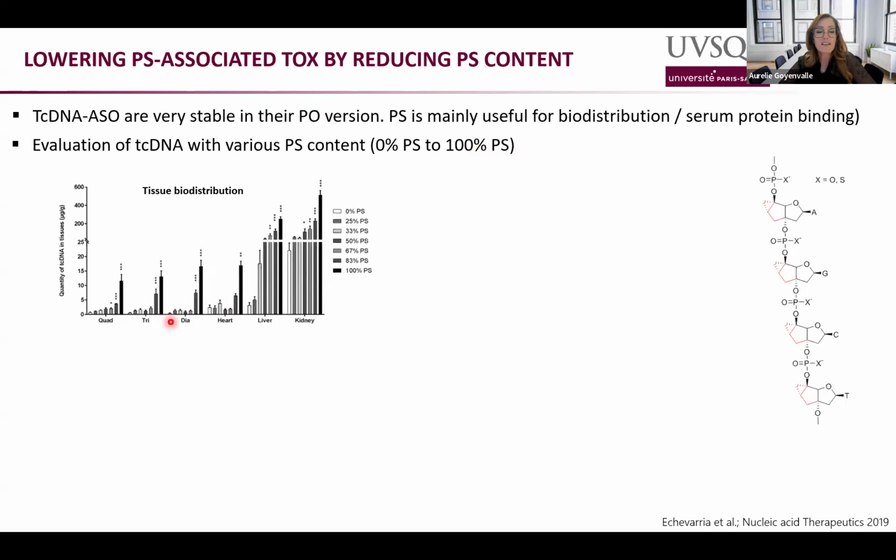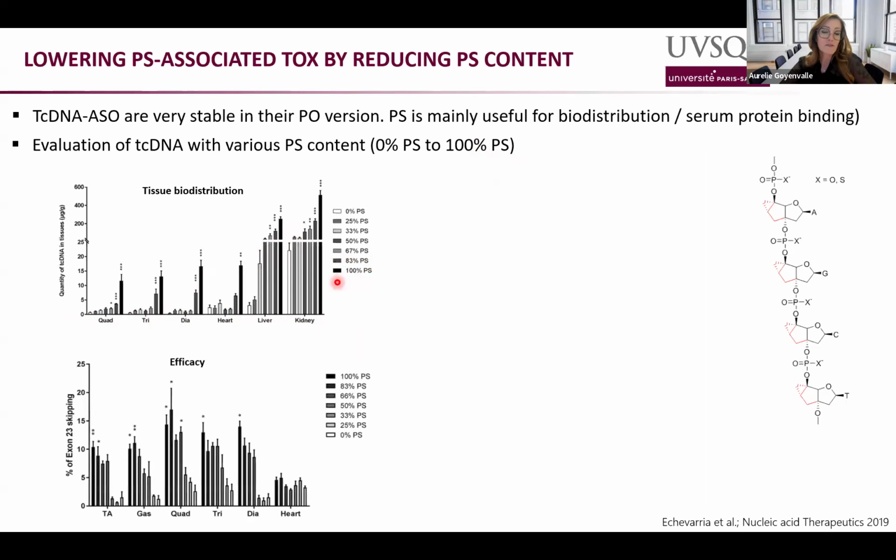And you can see here that after injection in mice, there's a clear contribution of the PS. So this is the tissue accumulation of the compound in the different muscle tissues, but also liver and kidney. That clearly correlates with the percentage of PS, and that correlates also with the efficacy. So the compounds inducing the most exon skipping are clearly the compounds with the highest PS content.